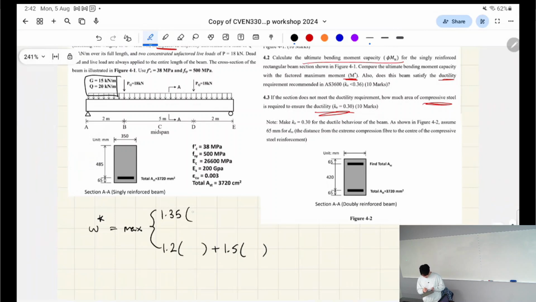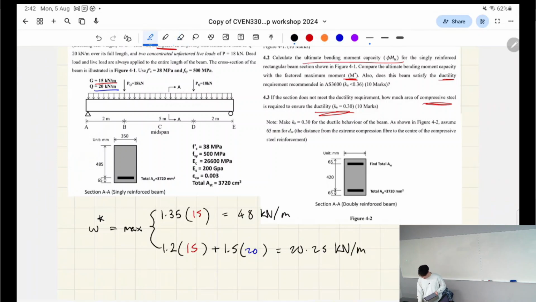So G is 15, right? And Q is 20. You can see that, right? Which gives 20.25 and 48 kilonewtons per meter, right?